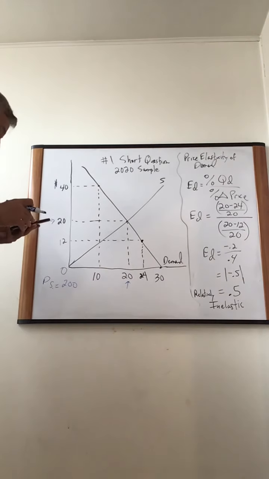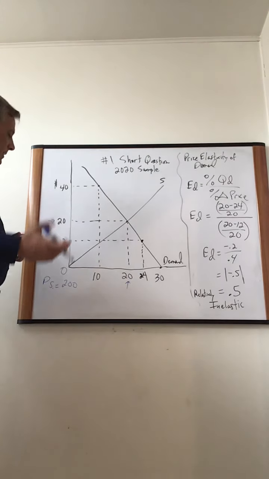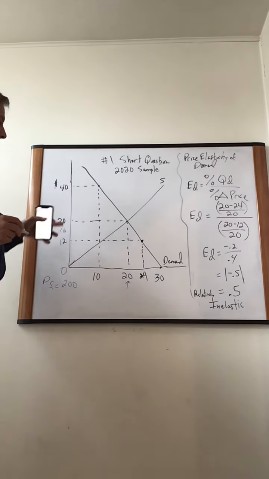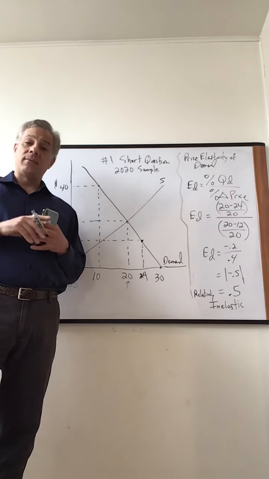Okay. If the government imposes a price floor at $16, is there a shortage, a surplus, or neither? Explain. Okay, so here the explanation is important. If the price floor is at 16, well, that's below equilibrium. An effective price floor, remember, is above equilibrium.